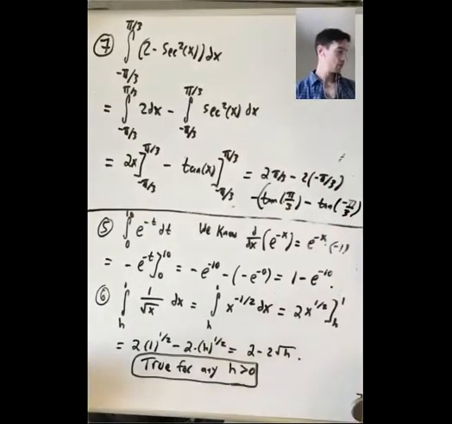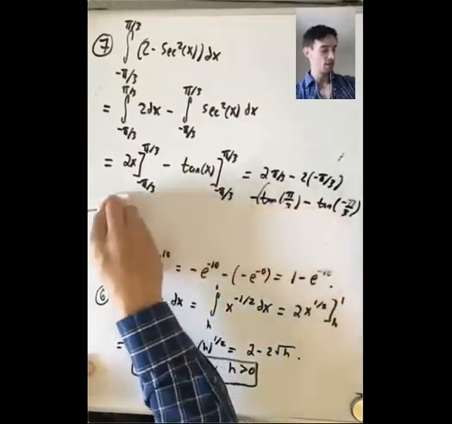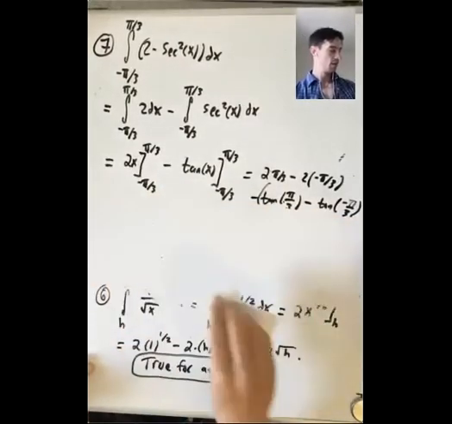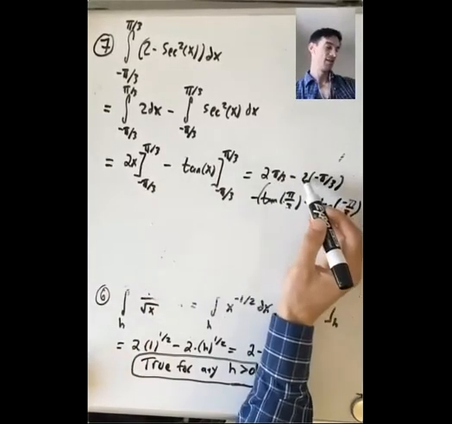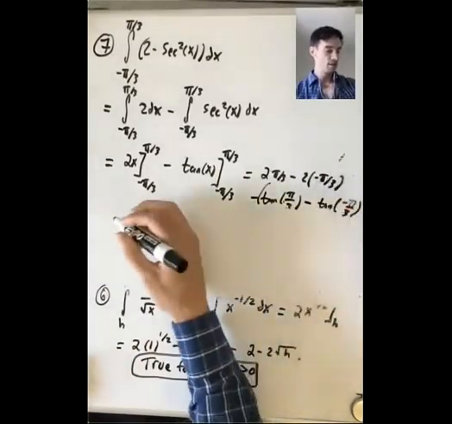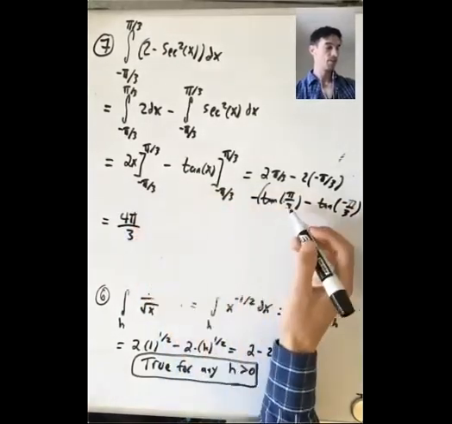Okay, let's just unwind all of this. So the tricky part here is just being careful about the algebra. So 2 pi over 3 minus minus, this will turn into a plus. What we get is 4 pi over 3.